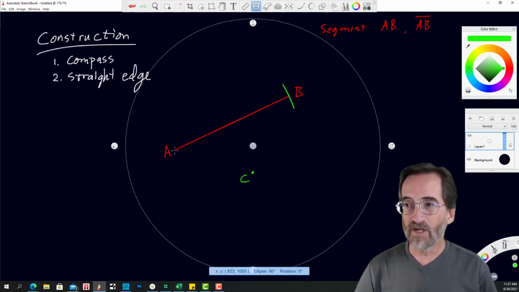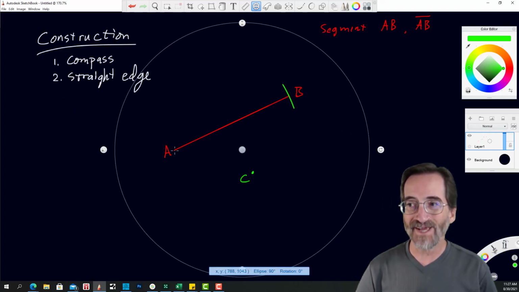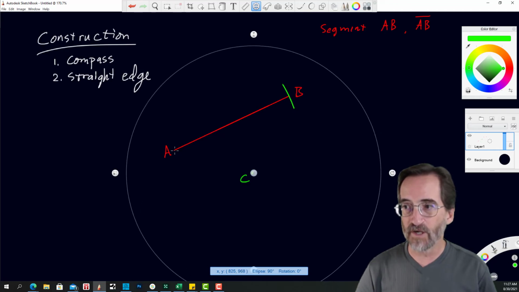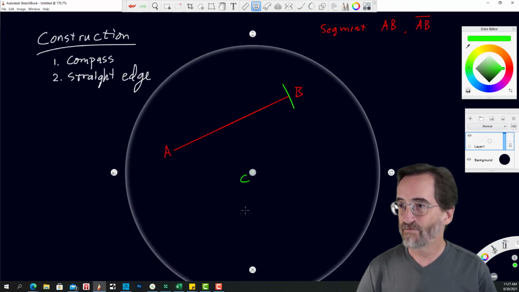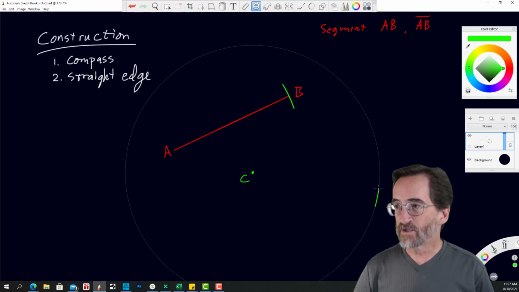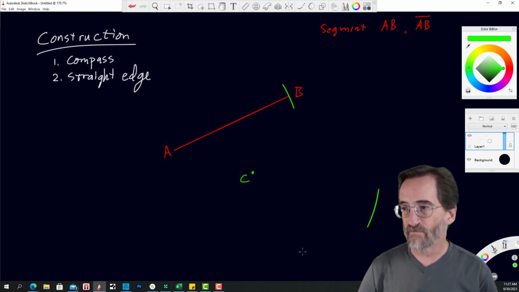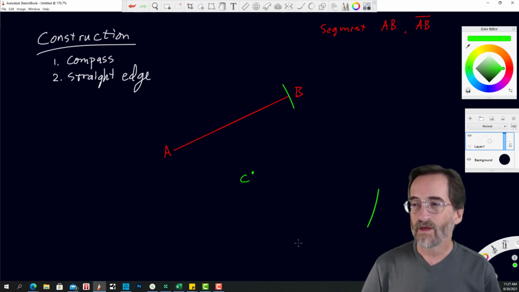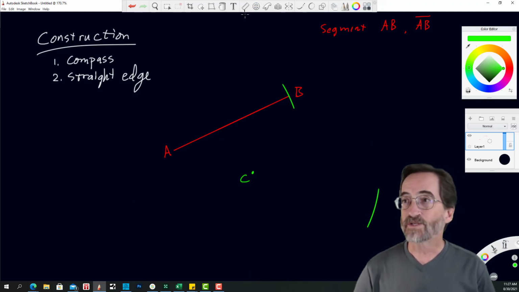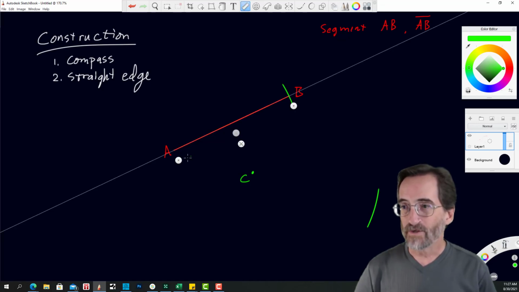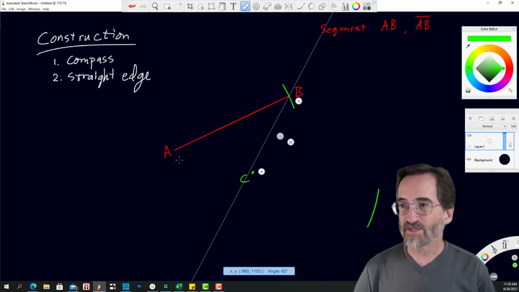Now when I pick up my compass, it remains set at the same setting. I'm going to place my compass point on C and draw a circular arc pretty much anywhere I want. I can draw the whole circle if I want. Now I'm going to take my straight edge.